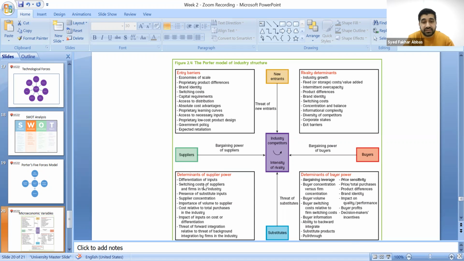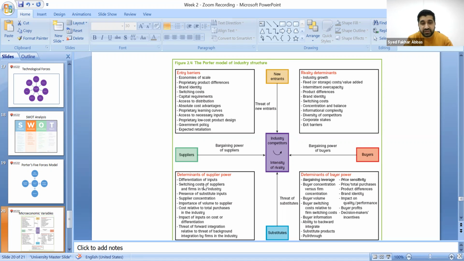Then the determinants of suppliers' power. We have to see what type of suppliers you are getting material from. Do you have a high or low buying power over the supplier? Every company will try to reduce the power of suppliers. They will try to get material from different suppliers.